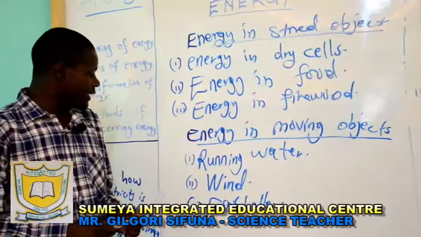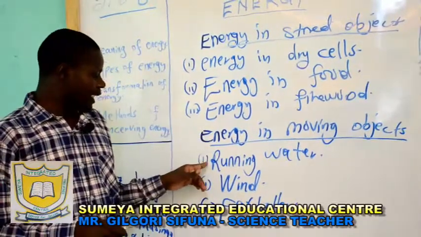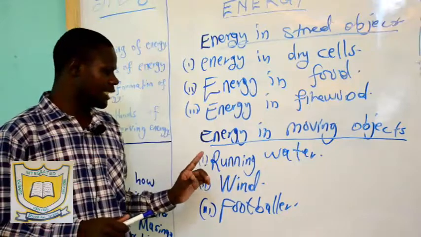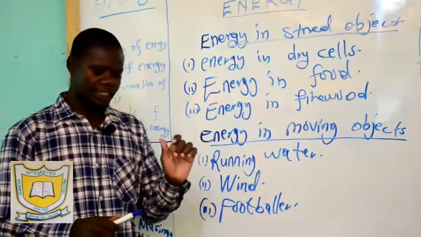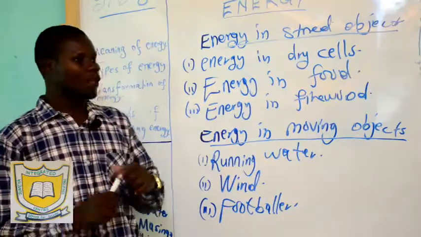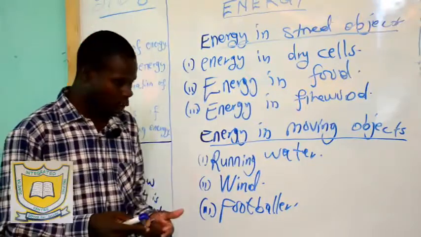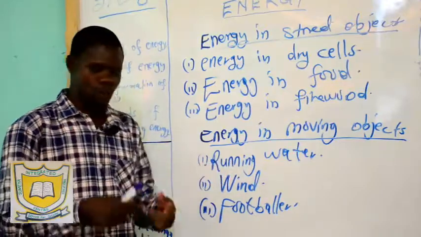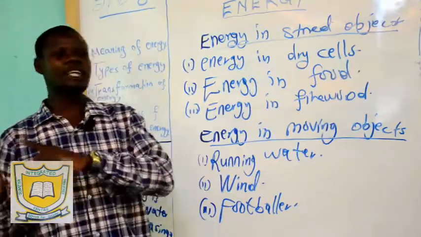You find that when water is running, for example, in production of hydroelectric energy, water in dams is in motion. For it to make the turbines rotate, that water is already moving.